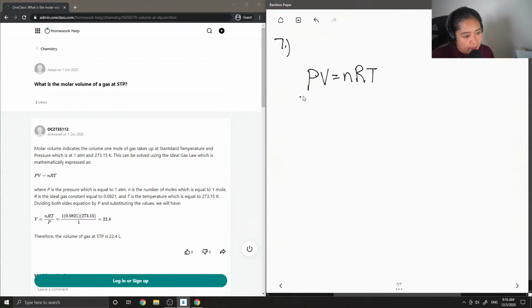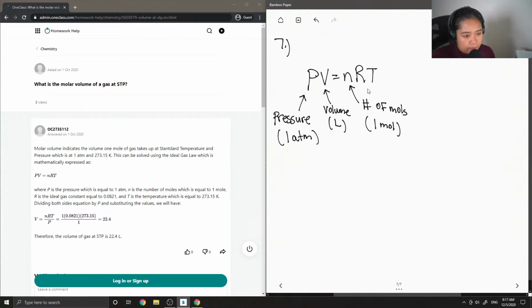In standard conditions, the pressure is 1 atm. The V stands for volume, and its units are in liters. N is the number of moles, so we're going to sub in 1 mole.